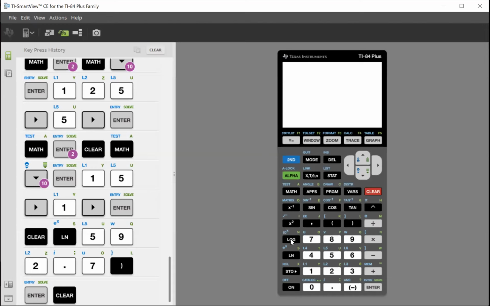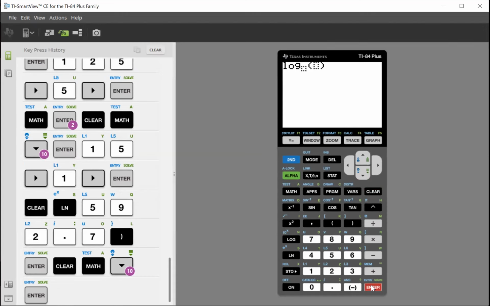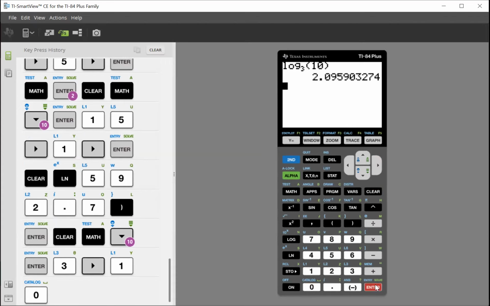So I'm going to hit my log, go to math, arrow down to log base. Hit enter. My base was a 3. Arrow right. My result was a 10. And hit enter.